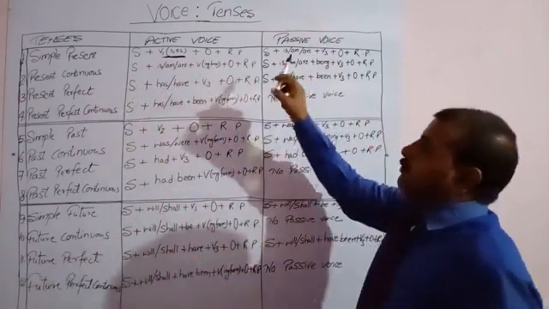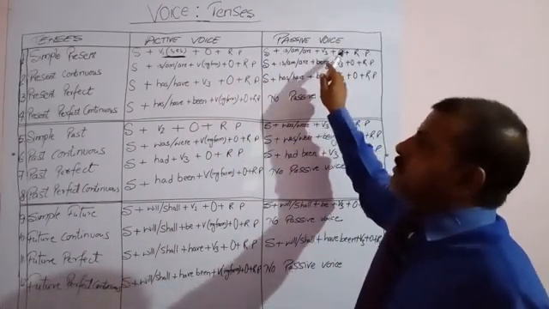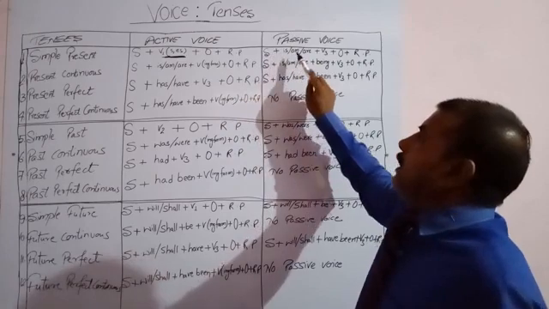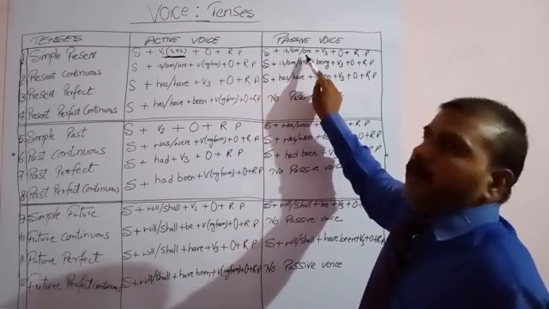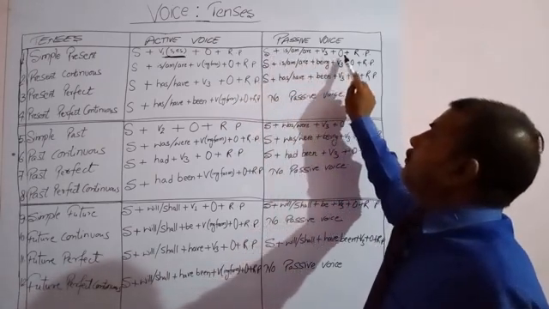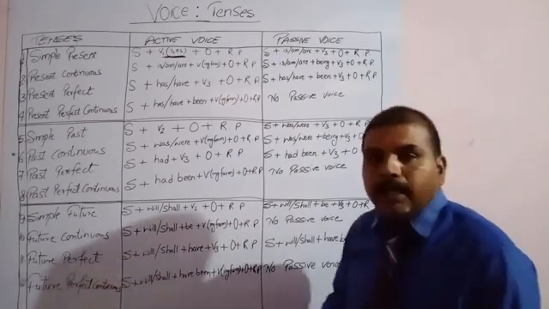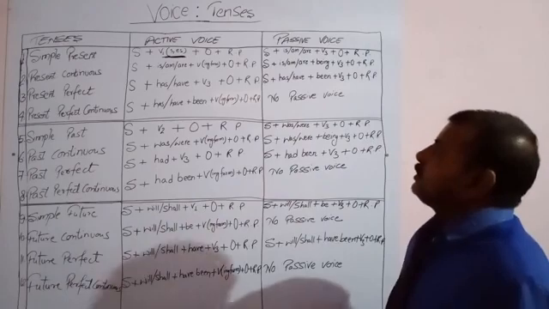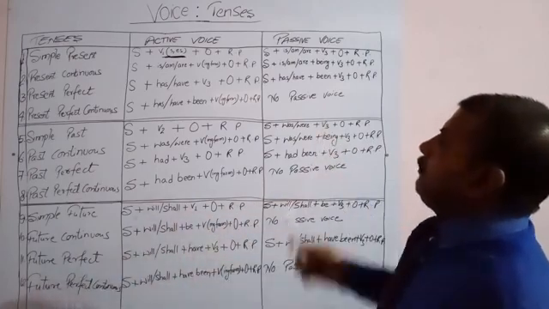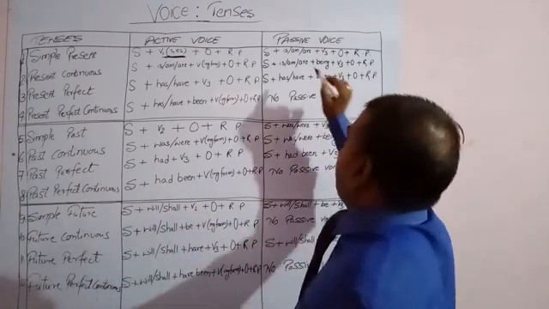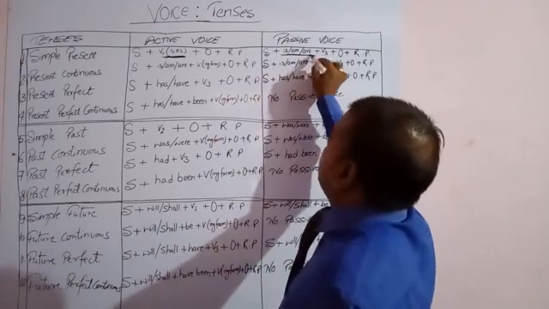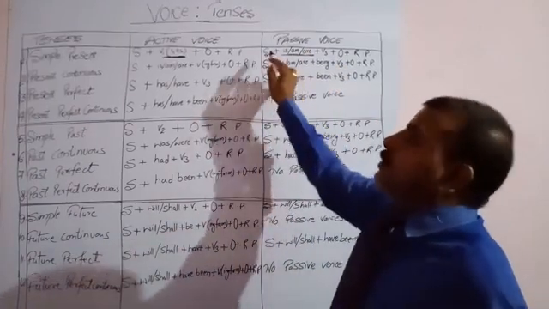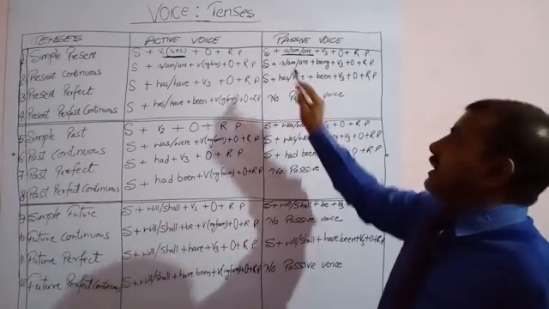Now the structure for passive voice in present indefinite tense. First is the subject, then is, am, are, then verb third form, then object, then the remaining part of the sentence. Here again we have to follow subject-verb agreement. If the subject is singular, we use is.